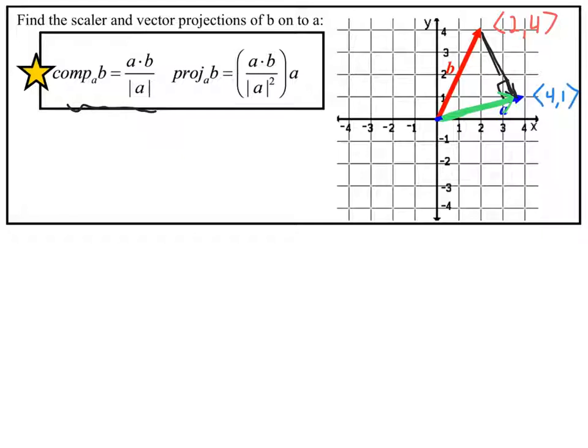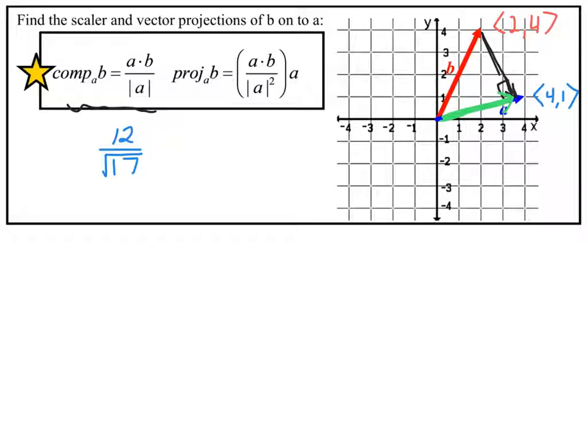So if I dot those two, A dot B, I've got 8 and 4. So 8 plus 4, the dot product is 12. And if I find the magnitude of A, 4 squared plus 1 squared is 17. So it is the square root of 17. This is the length of that green vector.